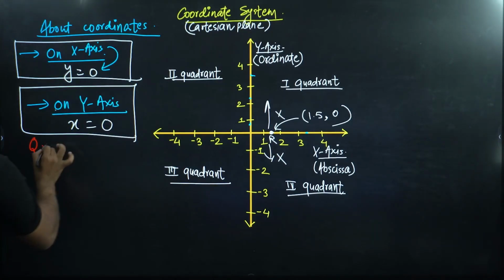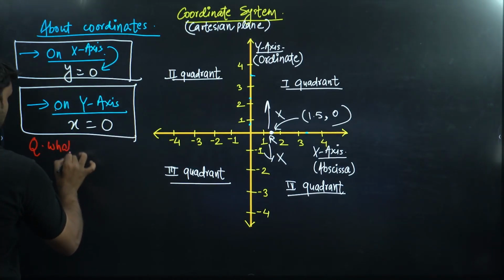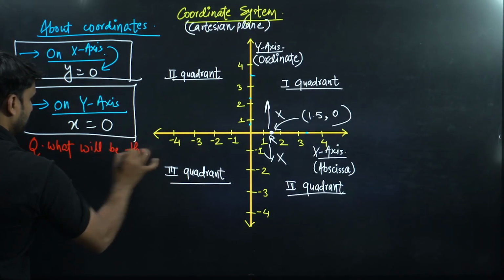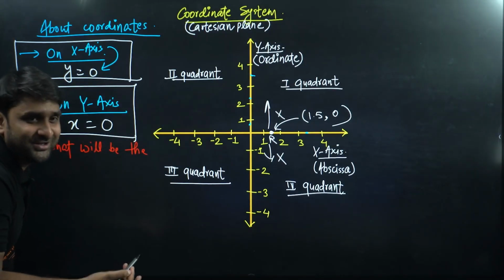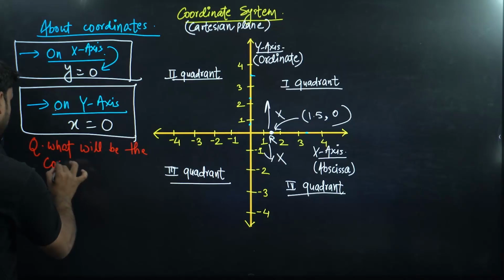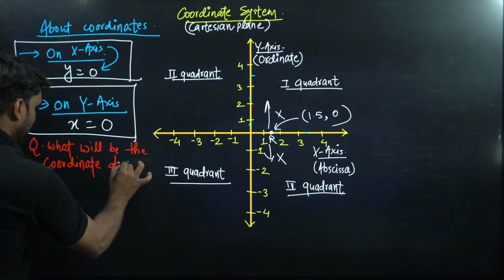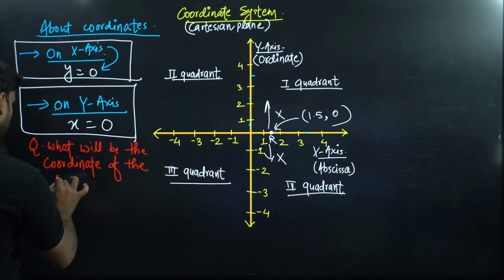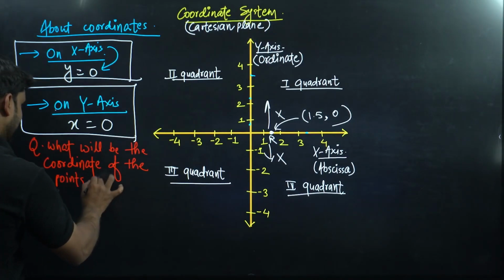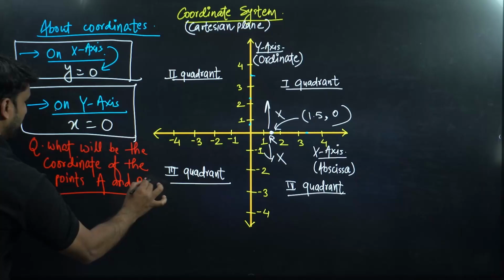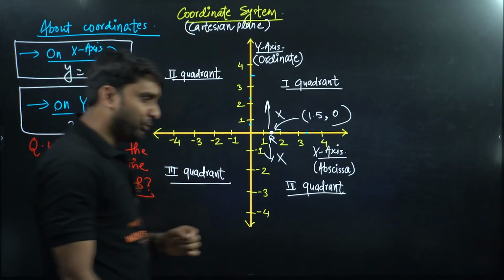For example, if I ask you in question format, what will be the coordinate, or we can also write orientation, that is the same thing. What will be the coordinates of the points A and B?